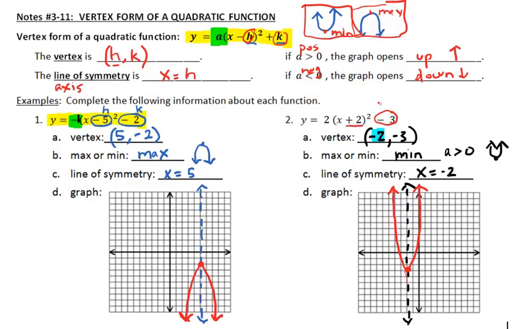Since a is positive, the graph is going to open up, which means your vertex is at the bottom, so your vertex is a minimum point. The line of symmetry is x equals -2. Then you look at the graph. Notice this graph is a little narrower because of the 2 being our a value, which squeezes the graph together.